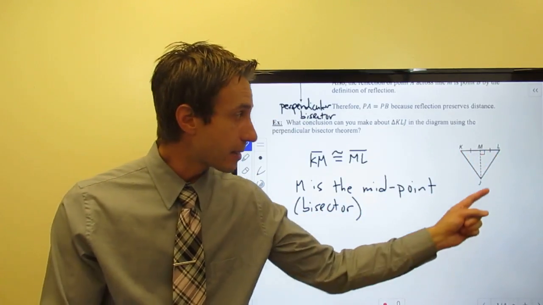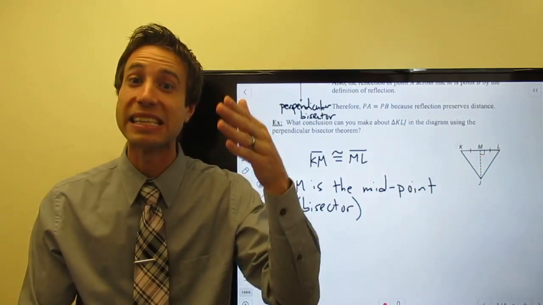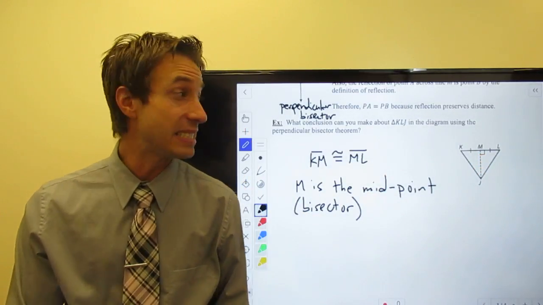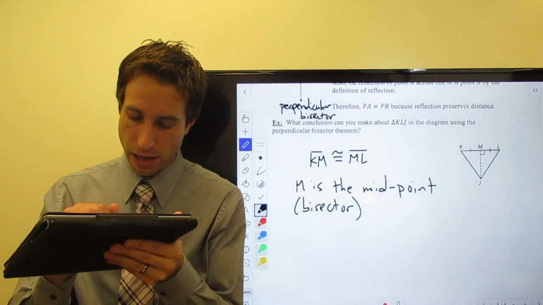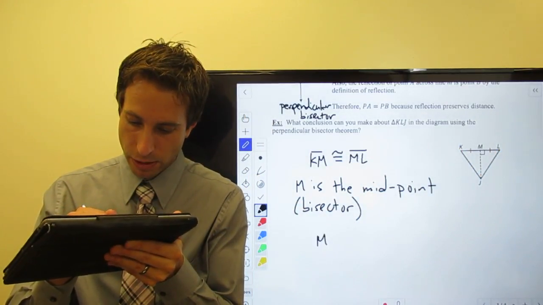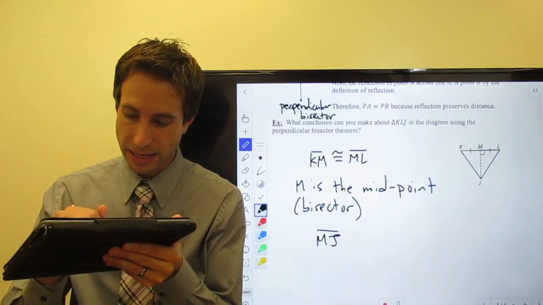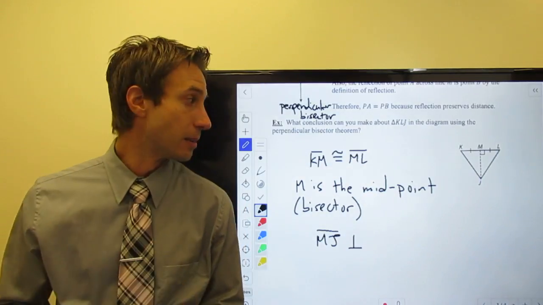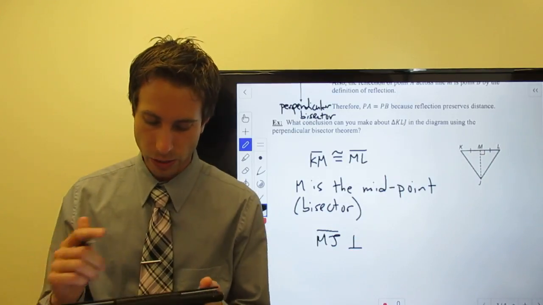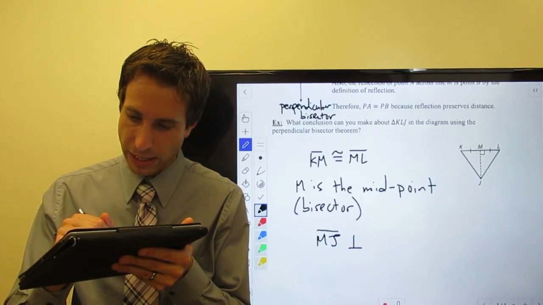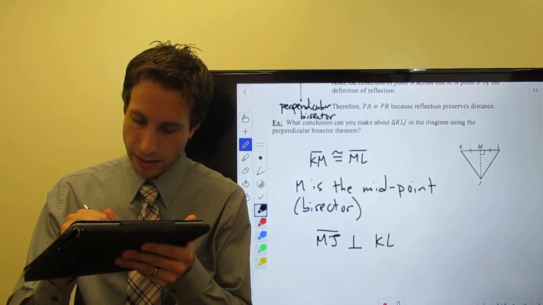Now, the next part is that little symbol in there tells me that MJ is perpendicular to KL. Perpendicular lines, you just draw a little 90-degree angle. That's the symbol for perpendicular.